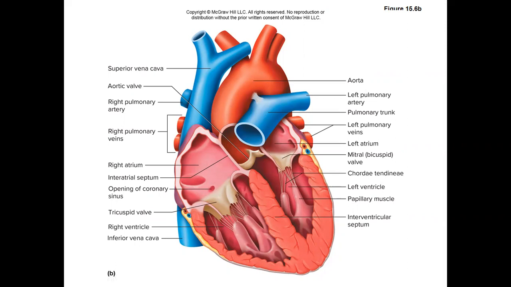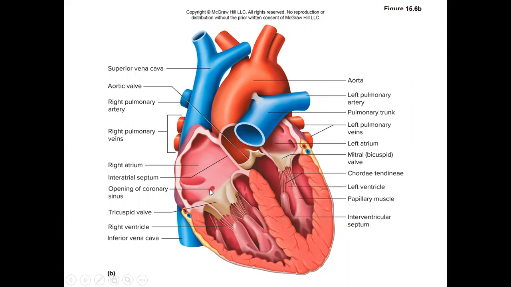Another thing that you want to notice about the heart structure, you notice that the myocardium of the left heart is much thicker than the myocardium of the right side of the heart. And this is for a very practical reason.